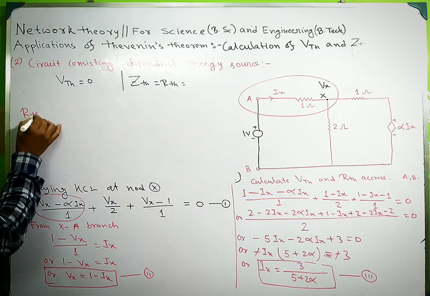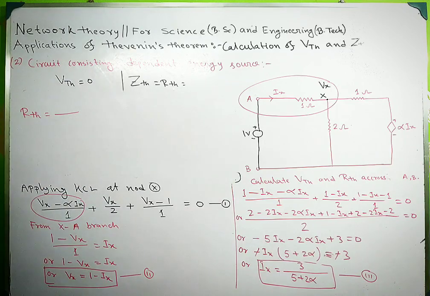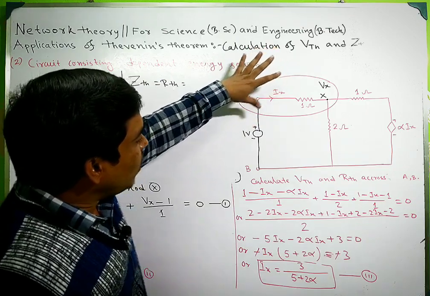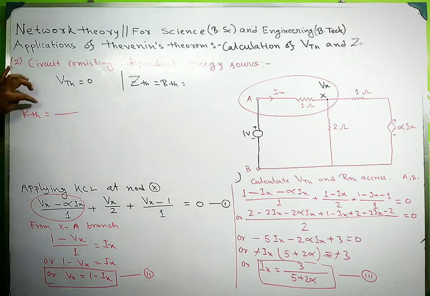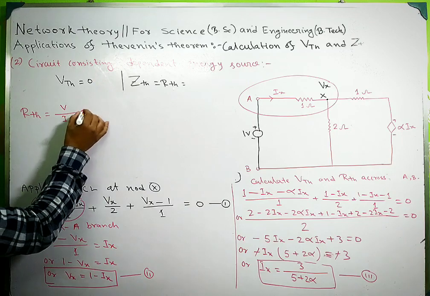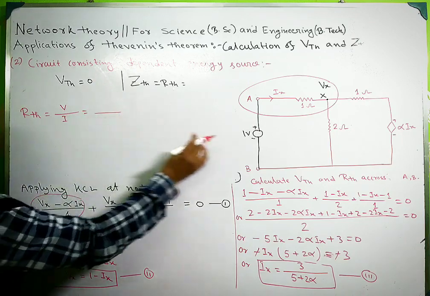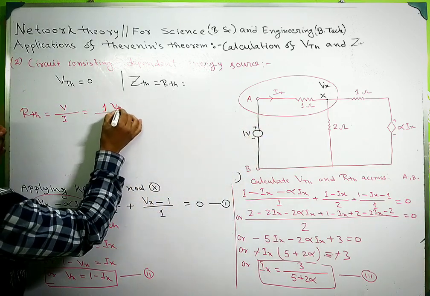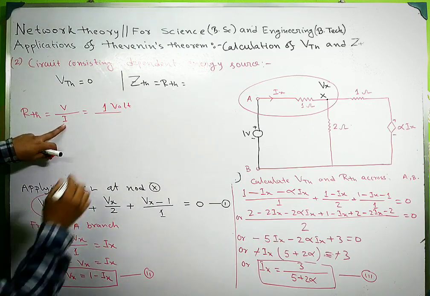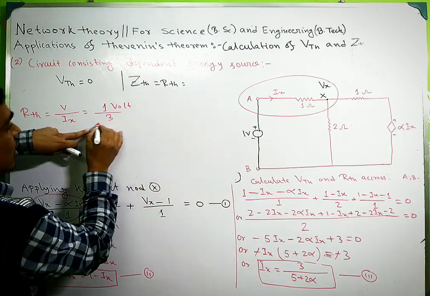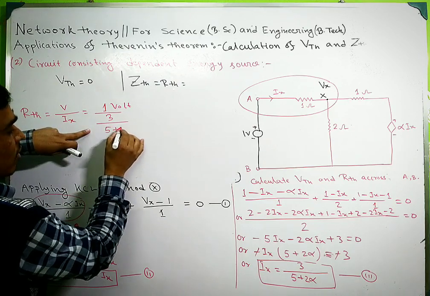RTH equals V divided by I. The V is 1 volt, as I have applied this 1 volt DC source, and I is the Ix of the circuit, which is 3 divided by (5 plus 2 alpha).